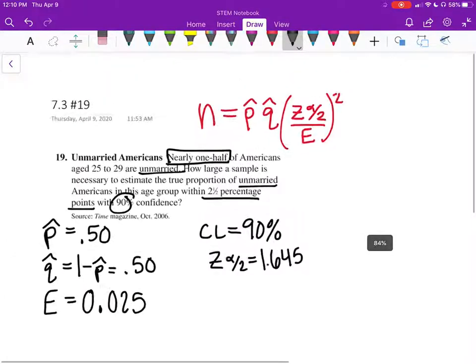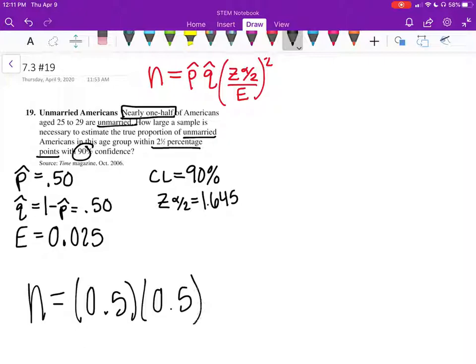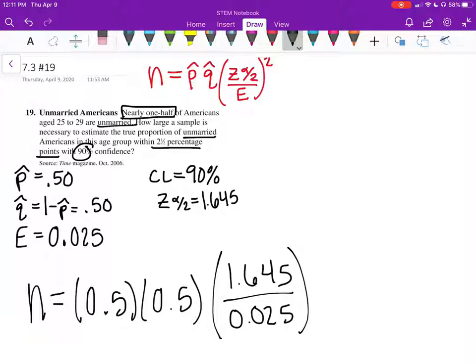So now let's calculate n. We have everything we need. So n is equal to p hat times q hat times z of alpha over 2, which is 1.645, over e, which is 0.025, squared.